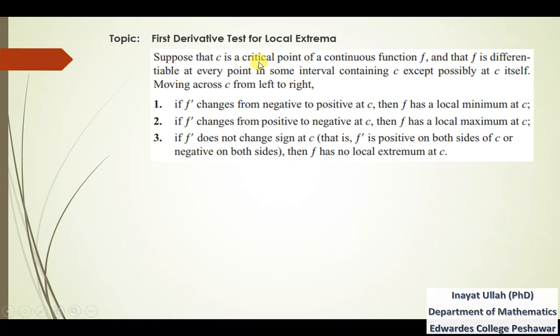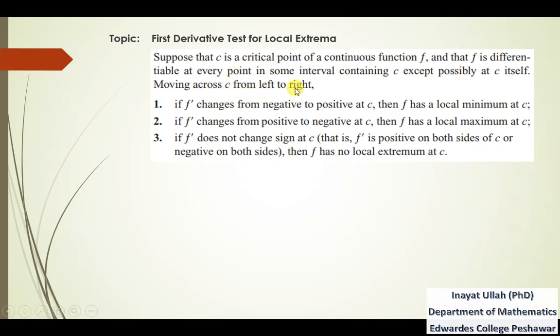So let's say c is a critical point. It means that you need to find the critical point of the function, and f is differentiable. Because we are using the first derivative test, f must be differentiable, meaning you are able to find the derivative of that function at every point in some open interval containing this c.